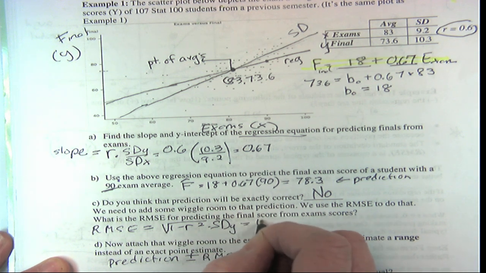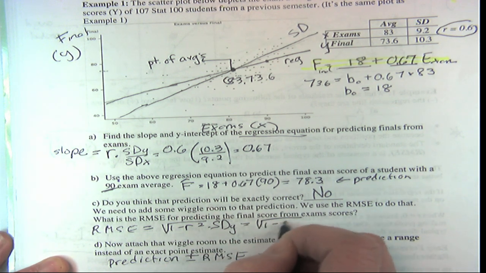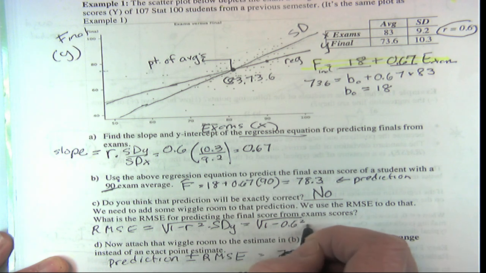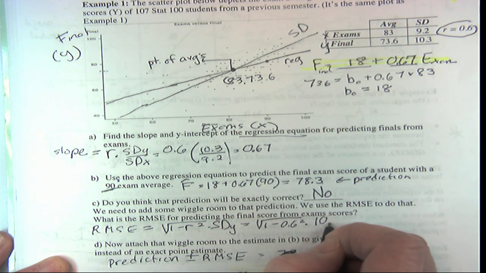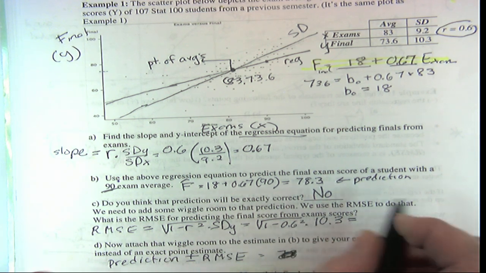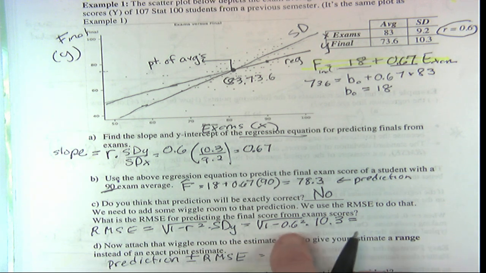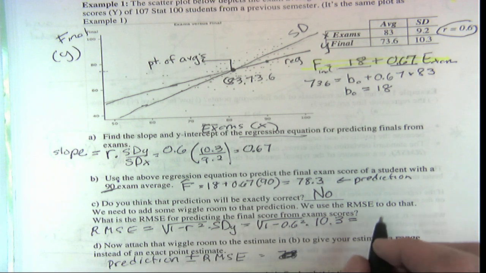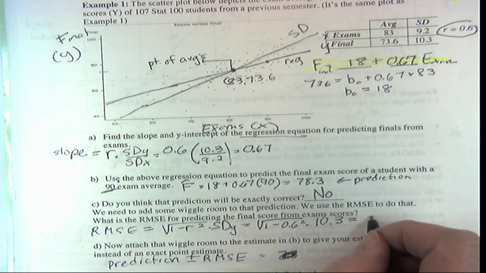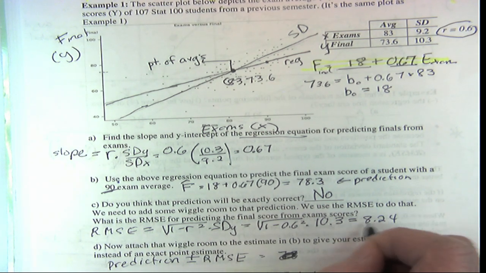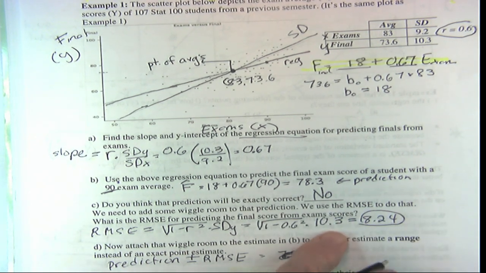So that's going to be the square root of 1 minus 0.6 squared times 10.3. And it's going to be less than 10.3. This number is always going to go between 0 and 1, and it reduces it to 8.24 from 10.3.